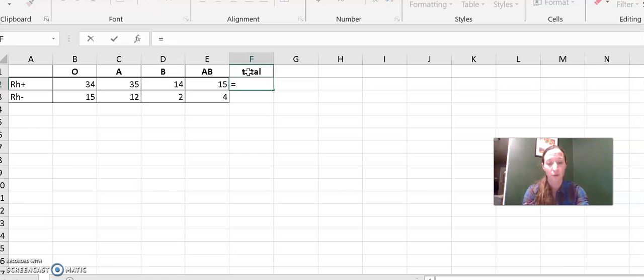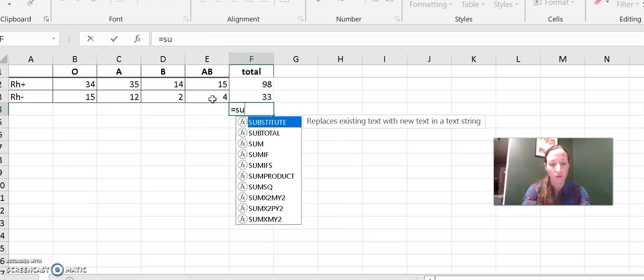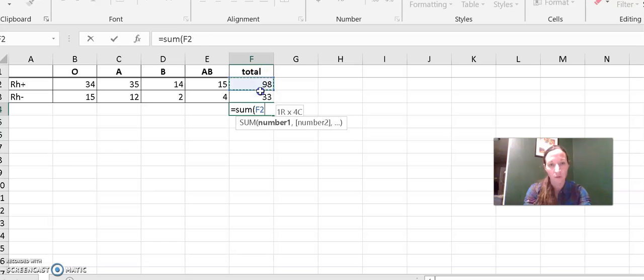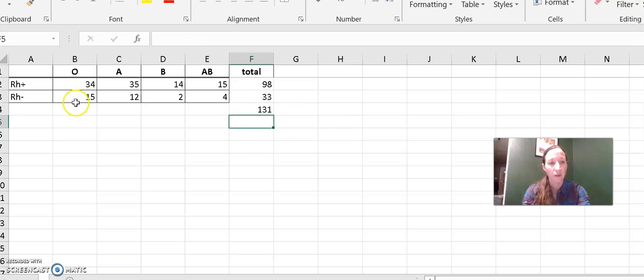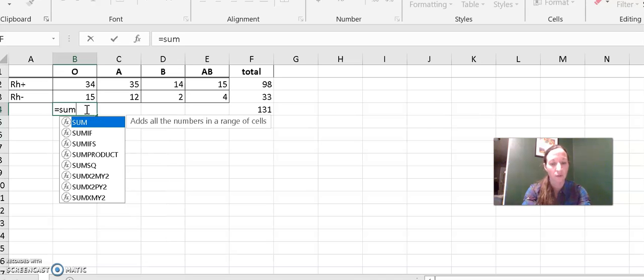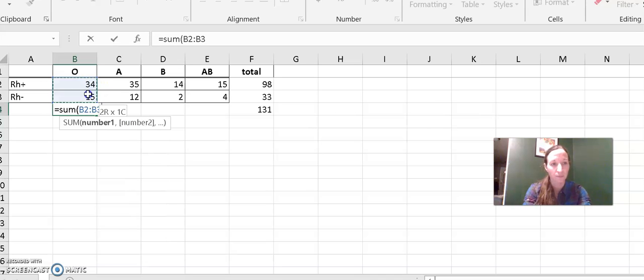I'm going to add up all of the rows individually. Here I'm using the sum function. And then I'm also going to add the columns individually.